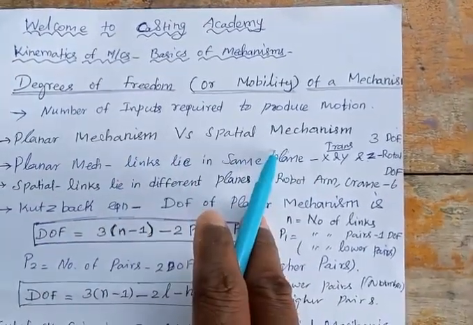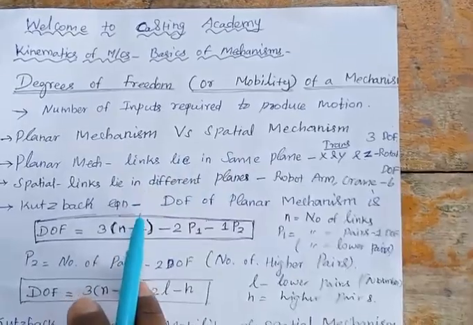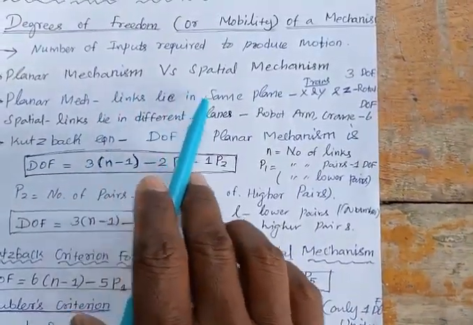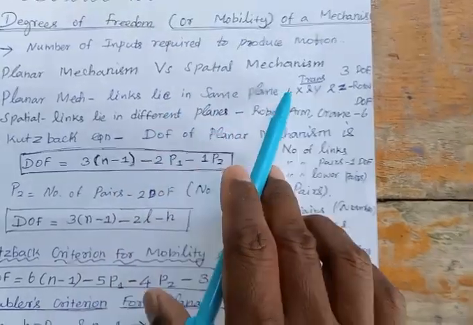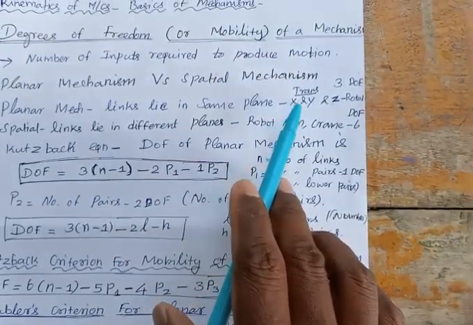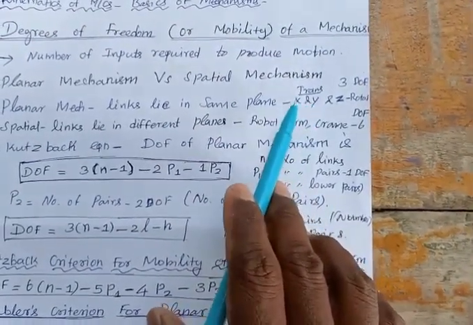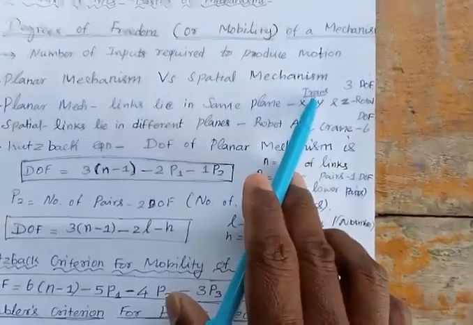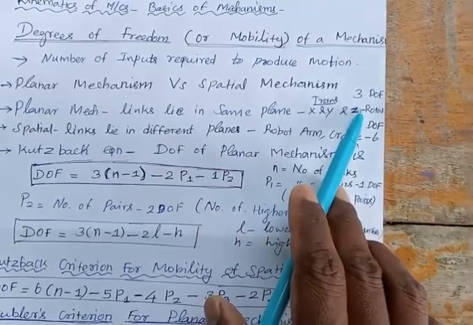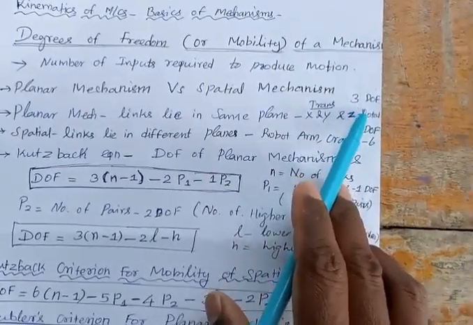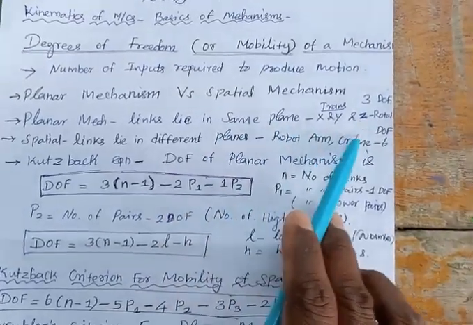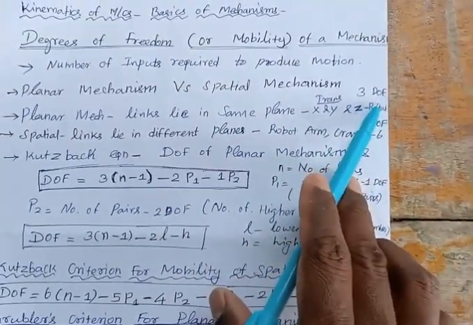A planar mechanism means all the links lie in the same plane, which means every link has x and y translatory motion and rotary motion about the z direction. So a planar mechanism has 3 degrees of freedom.